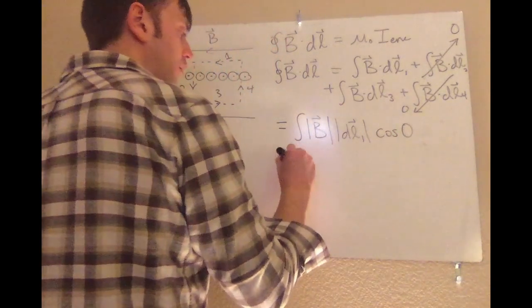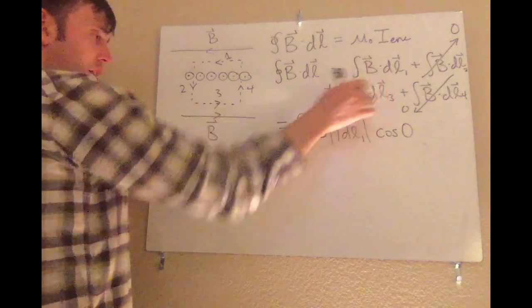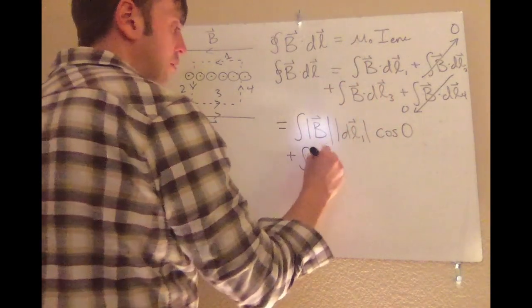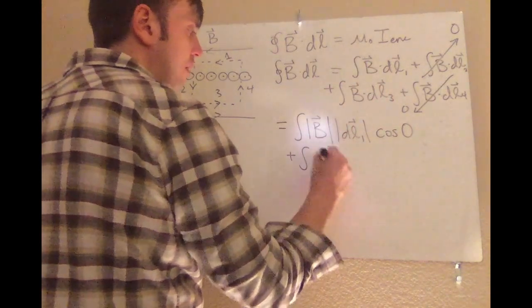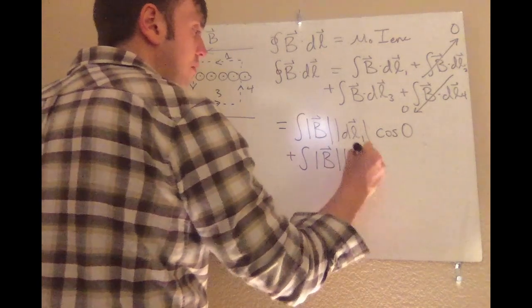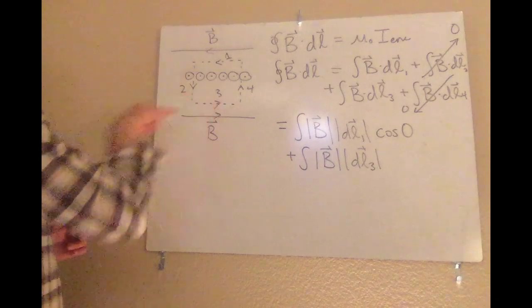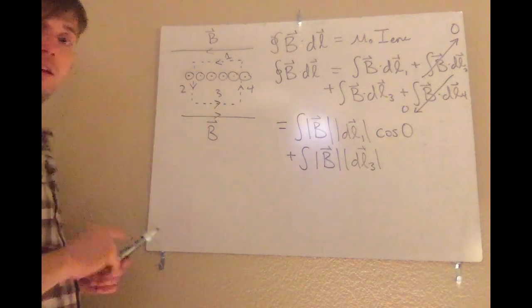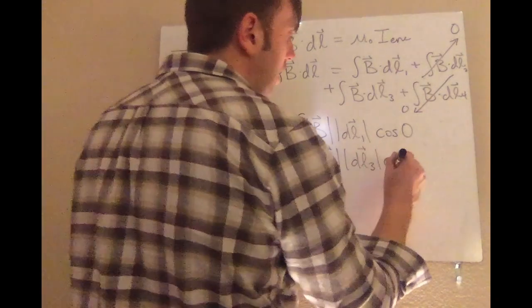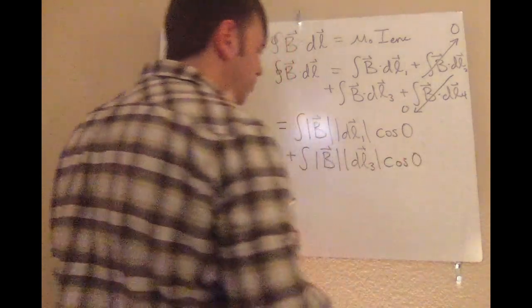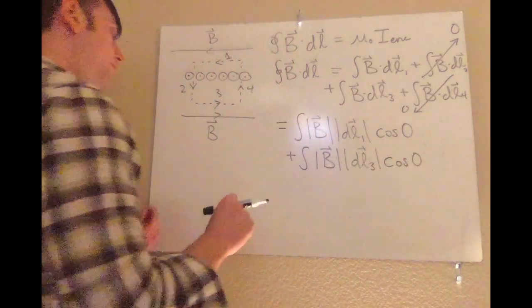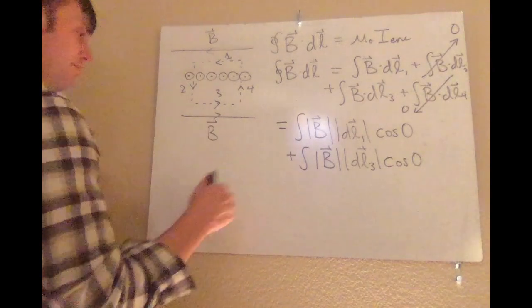Then over here, if we look at the third path, we have something similar going on, where you have the magnitude of B, the magnitude of dl3, and this third little piece of the path is going exactly in the same direction as the B field. So again, we have cosine of 0. Okay, so we're getting somewhere.